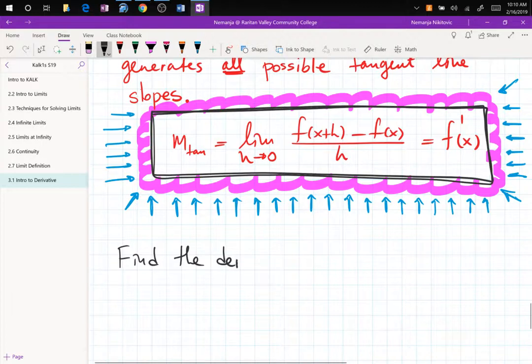Find the derivative of f of x equals 1 over x minus 2. Plug in.